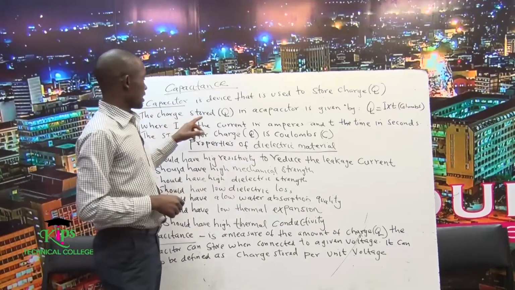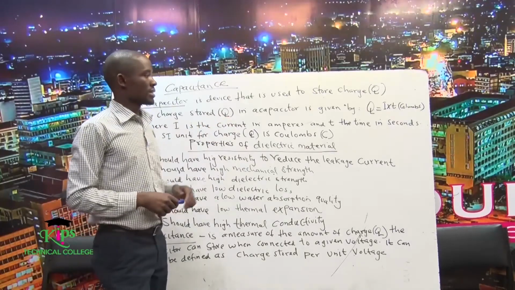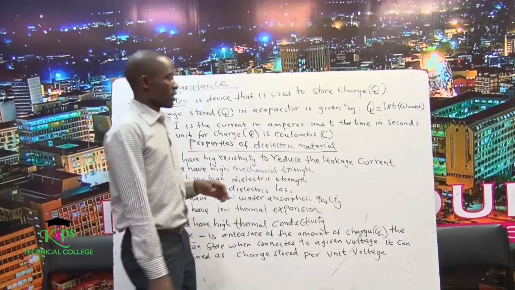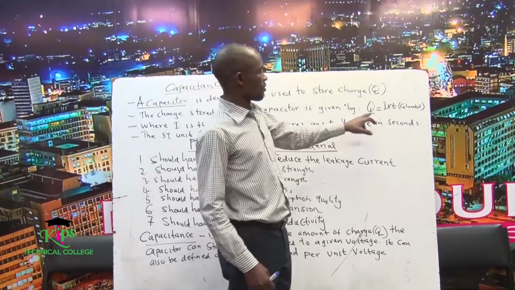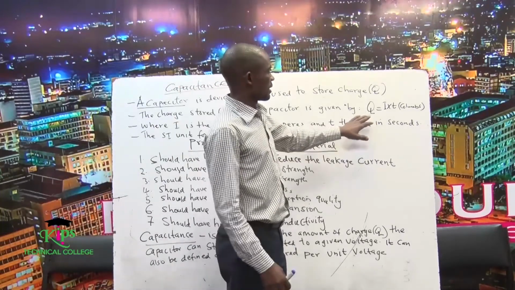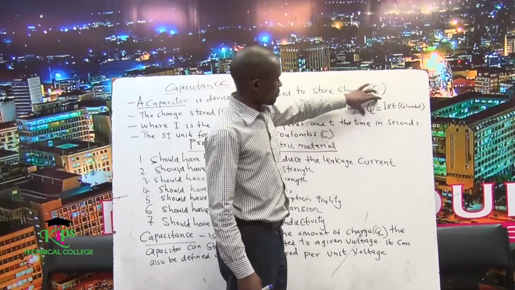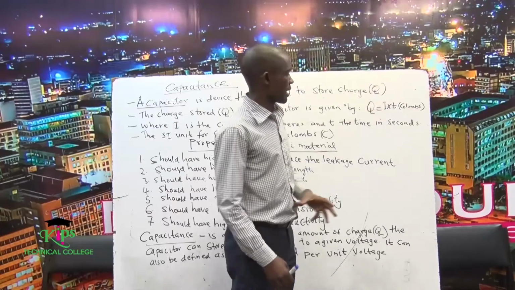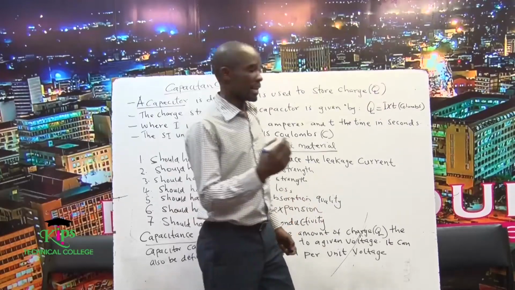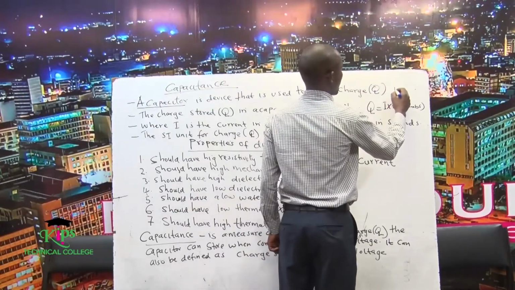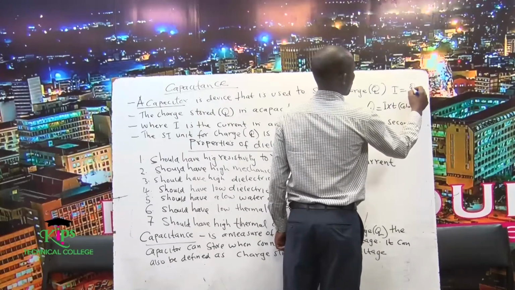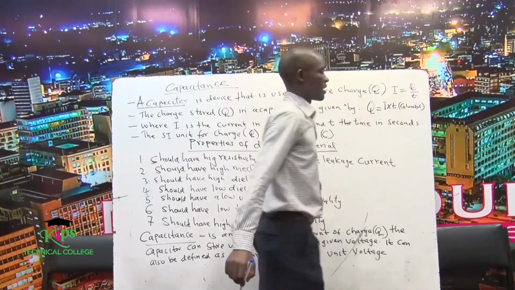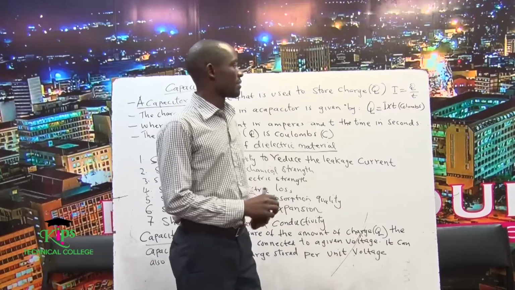And then the charge stored, Q, in a capacitor is given by this formula. Remember, we know current is the rate of flow of charge. So the charge stored by a capacitor is given by the product of current and time. Current I is the rate of flow of charge per given time.